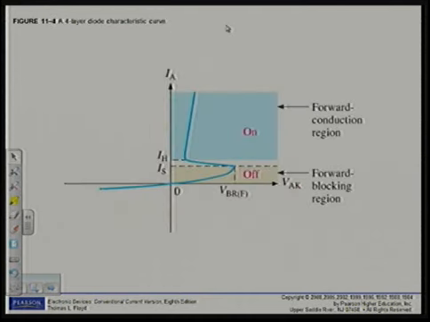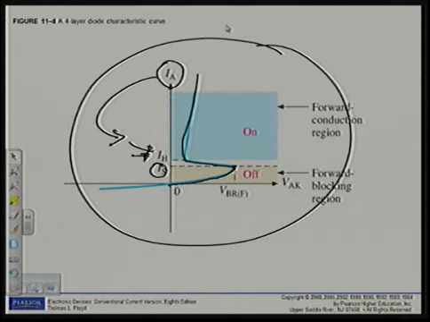Right, so as we've discussed here, there's the forward blocking region. Until the forward breakover voltage is reached, the device switches on at the switching current, and the device will remain on as long as the anode current remains higher than the holding current.